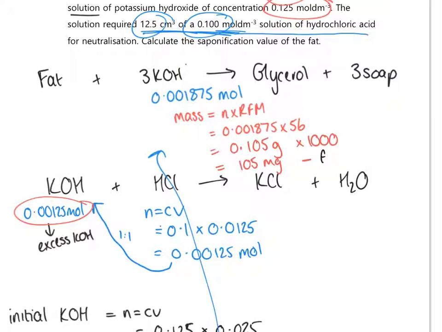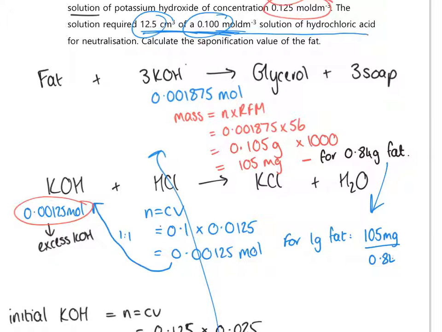Okay, that is for what mass of my fat? 0.84 grams of fat. What do I need it in? 1 gram of fat. So for 1 gram of fat, how do I work that out? It's going to be 105 milligrams divided by my 0.84 grams.